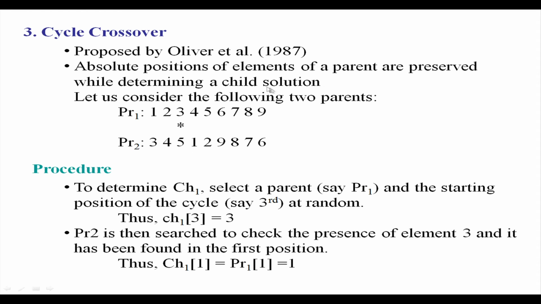To determine child 1, select a parent, say parent 1, and the starting position of the cycle, that is the third, at random.